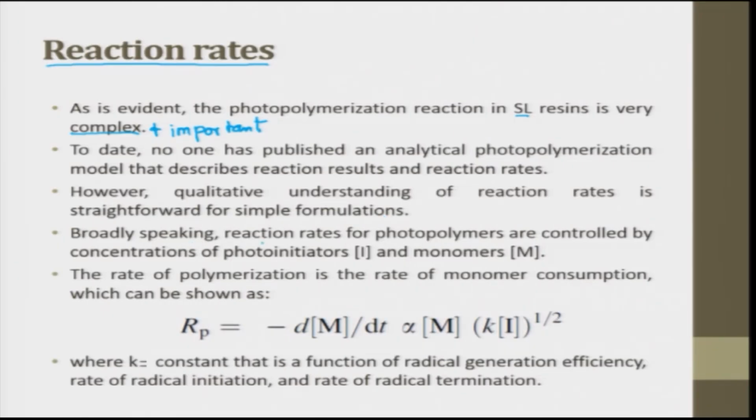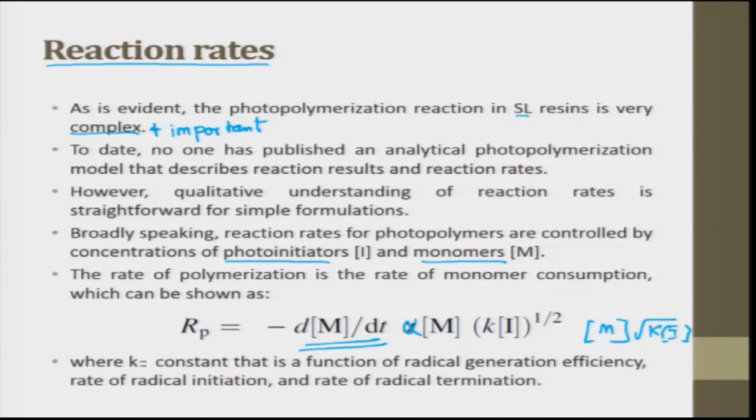Broadly speaking, reaction rates for photopolymers are controlled by the concentration of photoinitiators and monomers, I and M. So, the rate of polymerization is the rate of monomer consumption, which can be shown as Rp equal to dM by dt. So, this is the rate which is directly proportional to M, the monomer, and Ki to the power half, or this can be written as M root Ki.